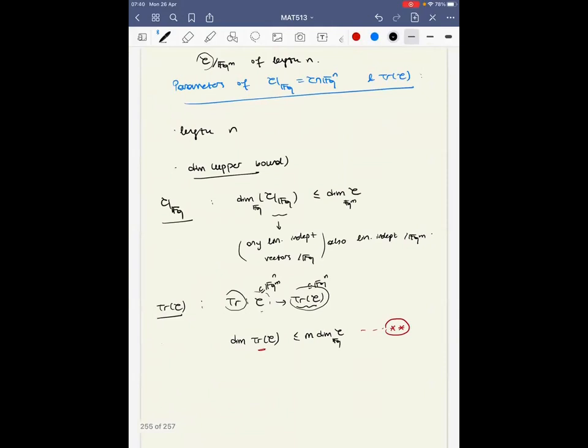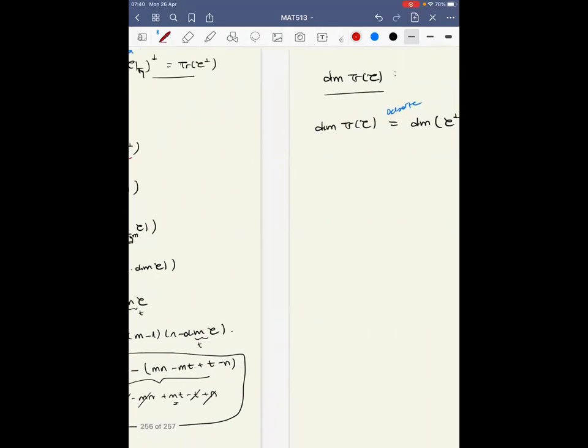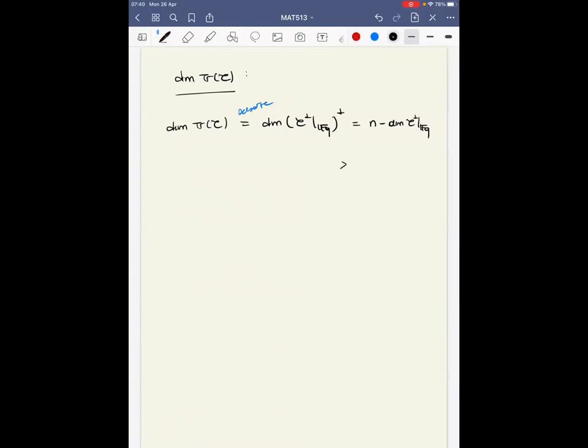And again, by using this upper bound, we can argue that this quantity is bigger than or equal to n minus the dimension of C dual. This is dimension over F_q, this is dimension over F_{q^m}. And by the definition of the dimension of the dual, this is nothing but the dimension of C over F_{q^m}.